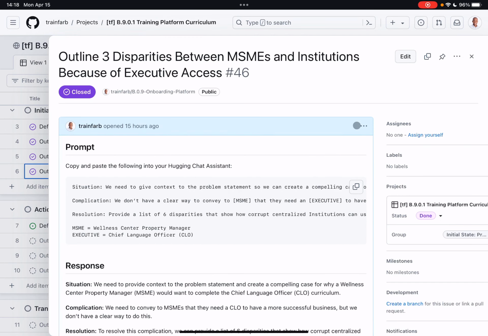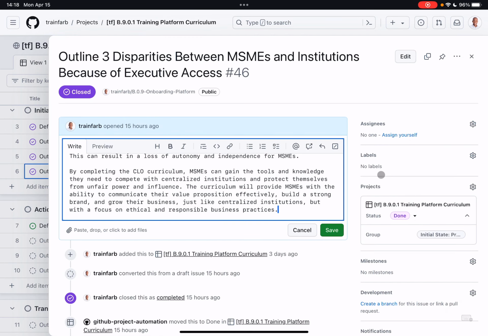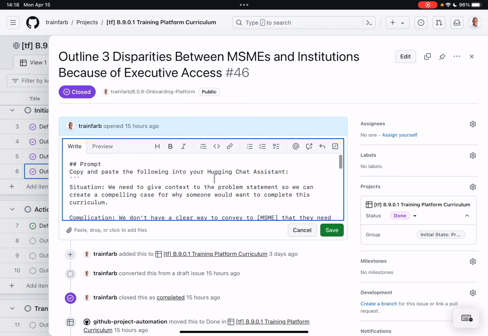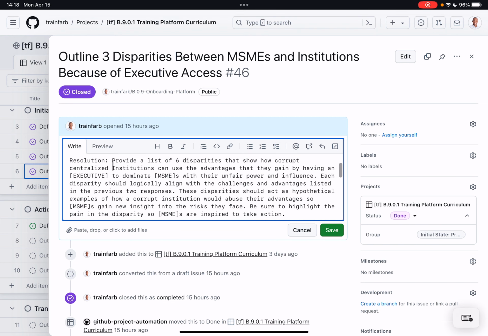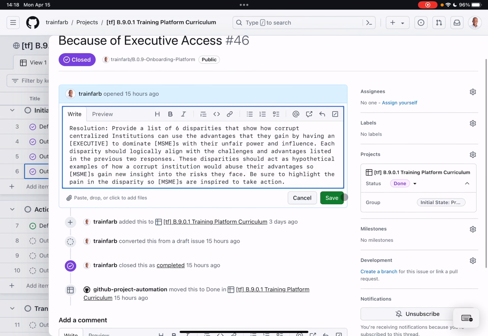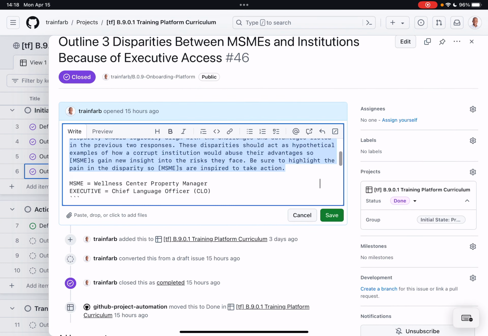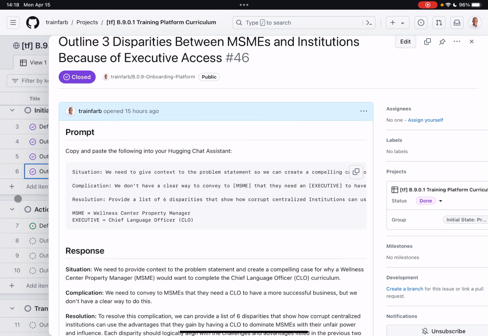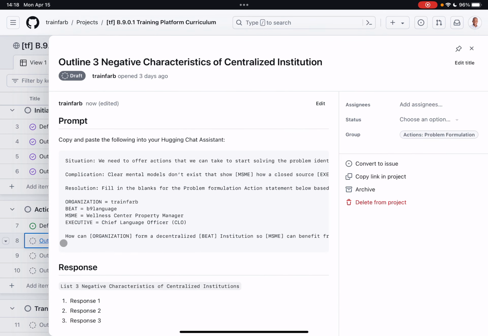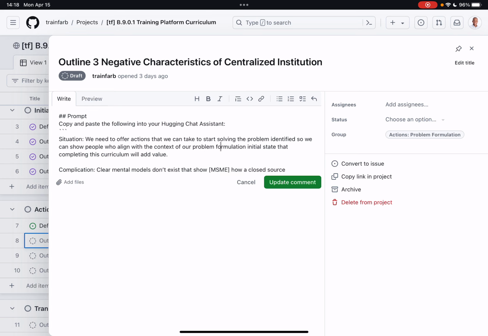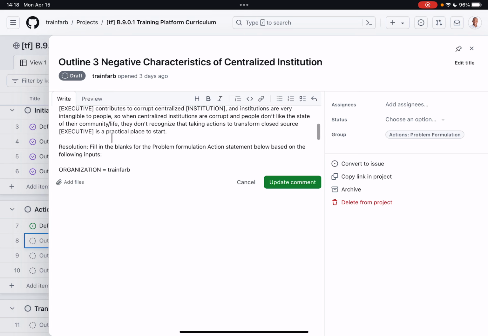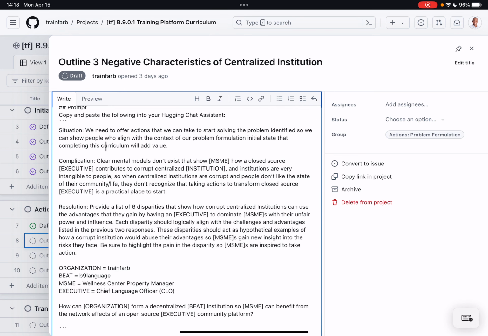And I want to take from this resolution prompt, because I think it's going to give us a little bit more of what we want. So then we'll come back here. Let's update this resolution. I don't want to fill in the blanks. I want to tweak this. Provide a list of 6.